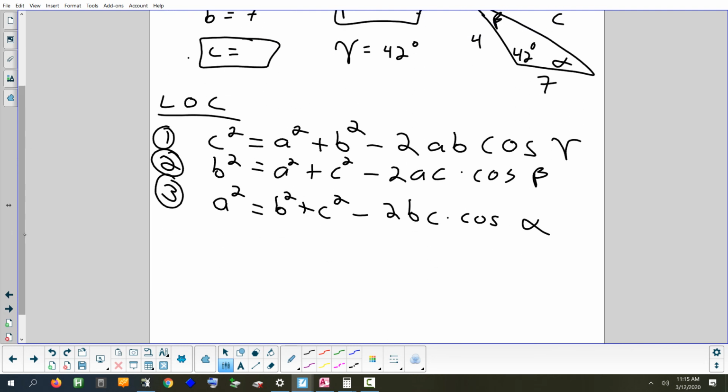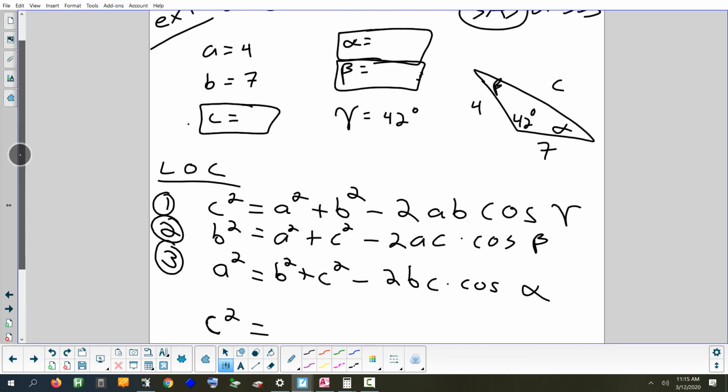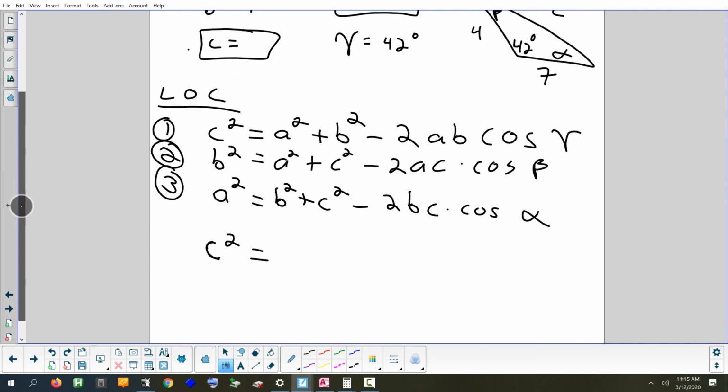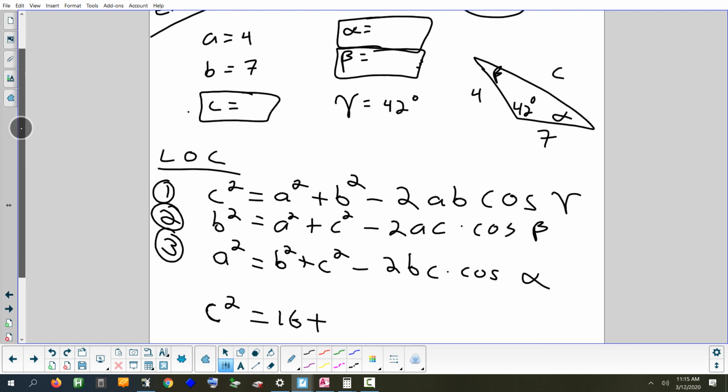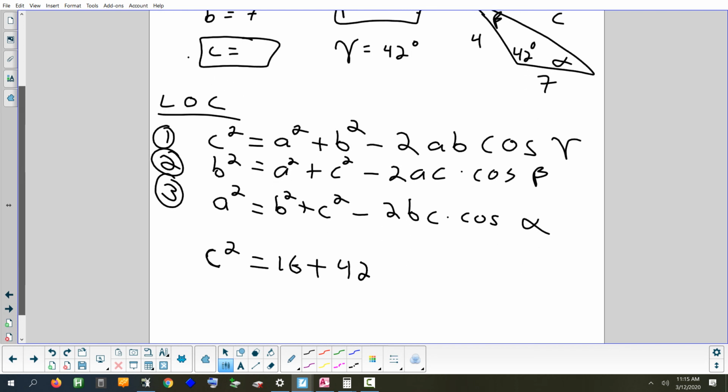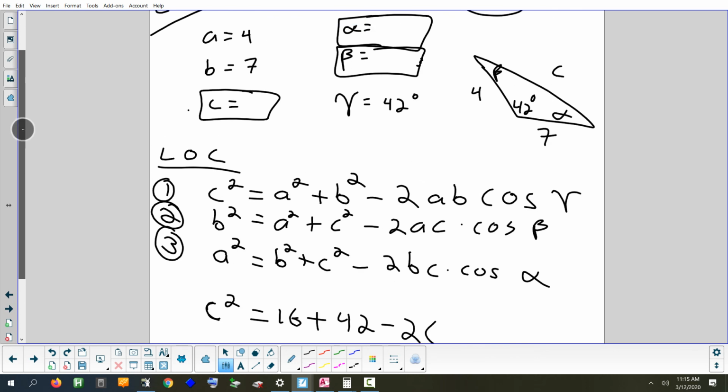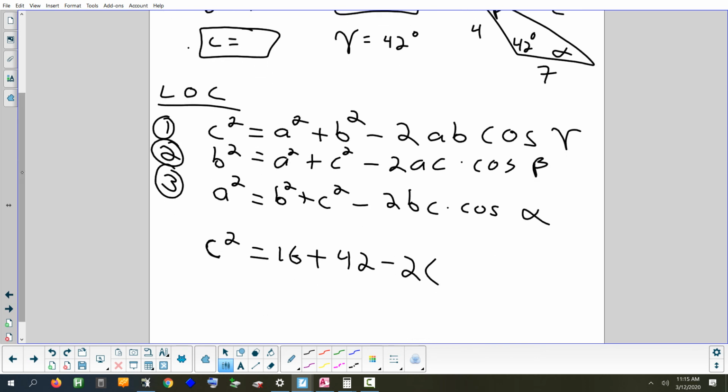So c squared equals, what's a squared? 4 squared, which is 16, plus b squared, which is 49, minus 2 times a times b, 2 times 4 times 7, times the cosine of the angle across from the letter we started with.